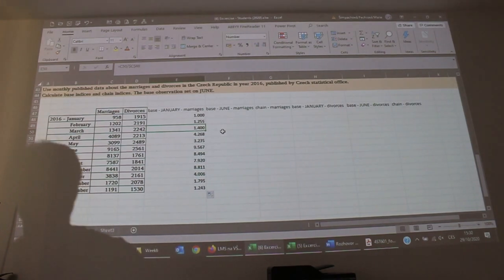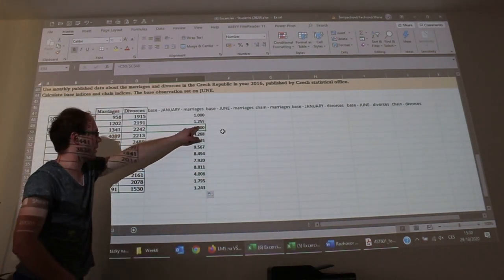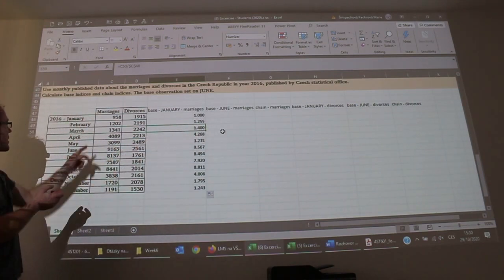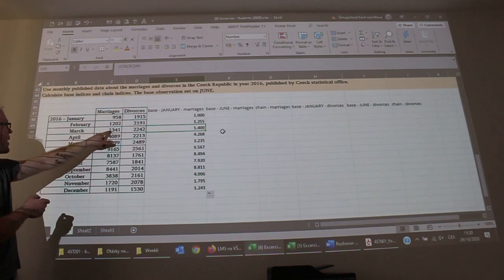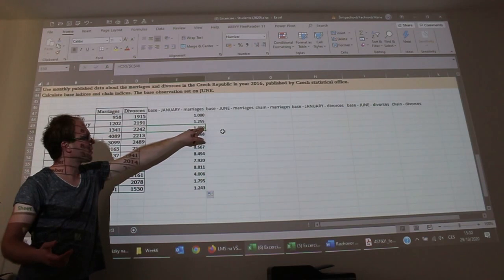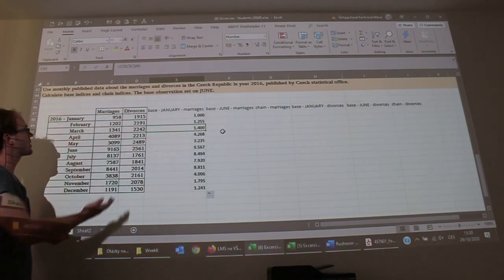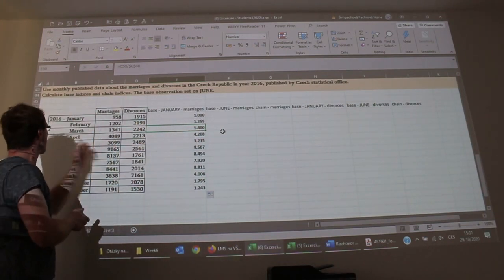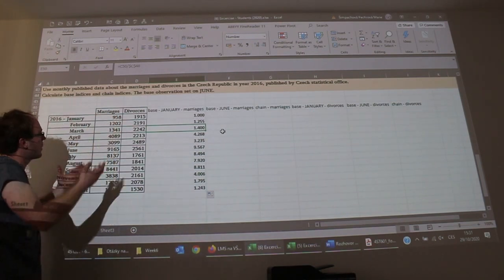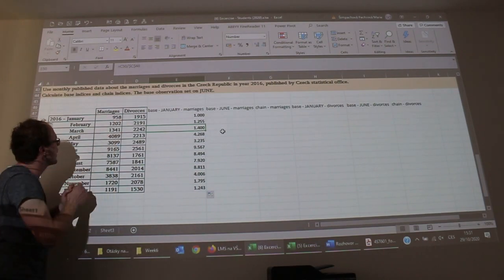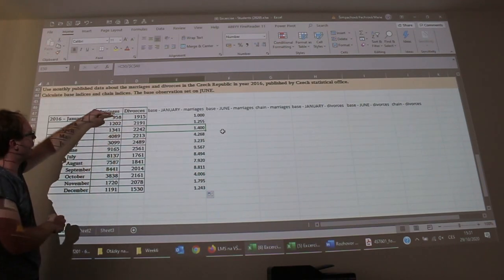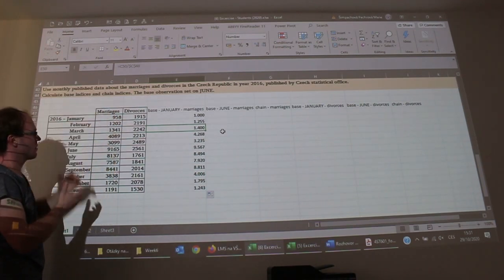This value 1.400 means that marriages in March are higher by 40% in comparison with January. In January it is cold in the Czech Republic, and almost nobody wants to have a wedding, so this number is very small.